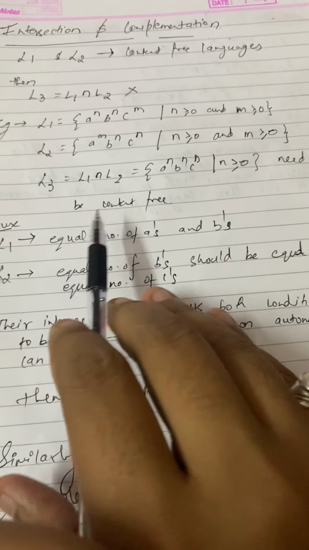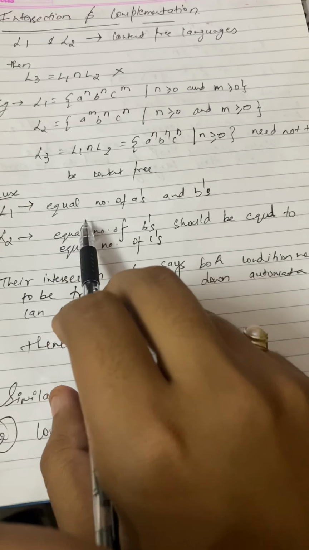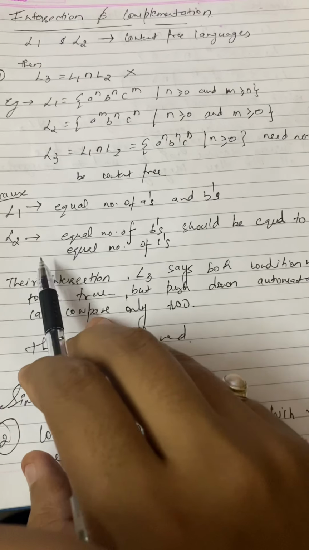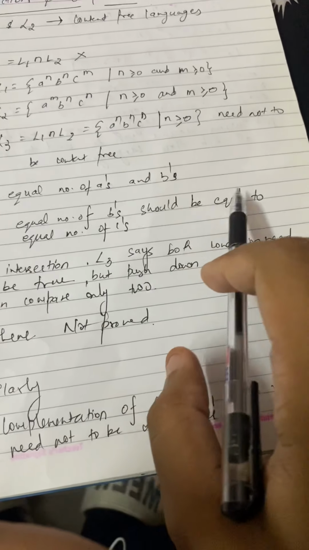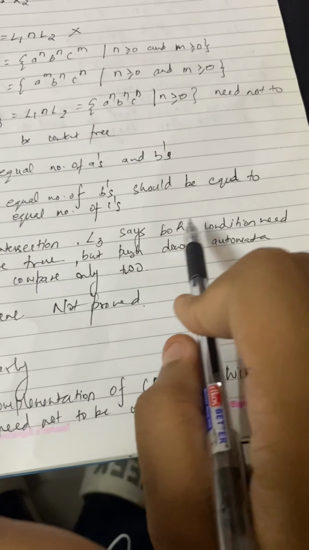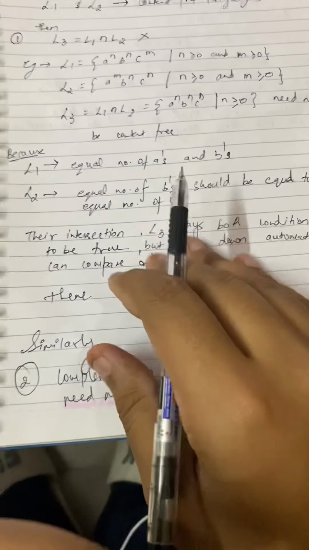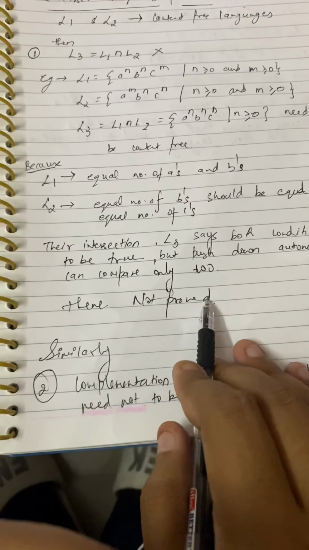It need not be context free, because L1 says the number of A's should equal the number of B's, and L2 says the number of B's should equal the number of C's. Their intersection requires both conditions to be true, but a pushdown automaton can only compare two, hence not true.